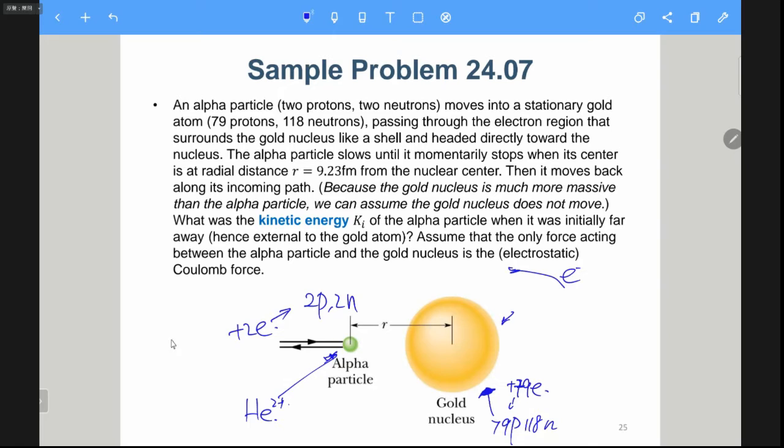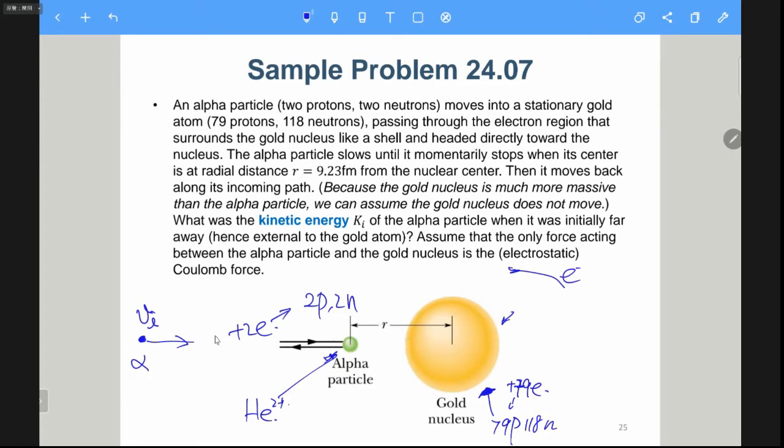So you try to shoot an alpha particle towards the gold nucleus. Of course, there is some initial velocity of this alpha particle in this direction. And you can imagine that this is a positive charge, this is another positive charge.